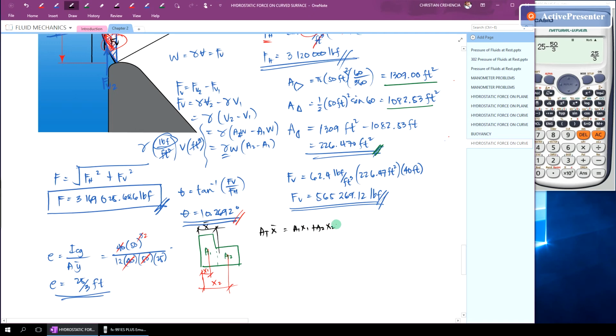Okay? So kung marami pa tayong areas, continue lang yan, no? So plus area 3 x3 and so on. Okay. So gamitin natin itong formula na 'to.